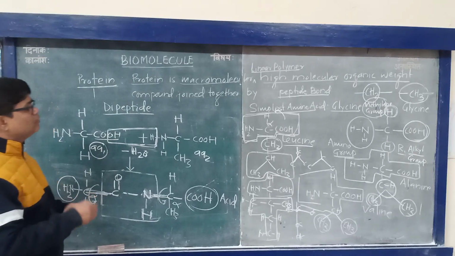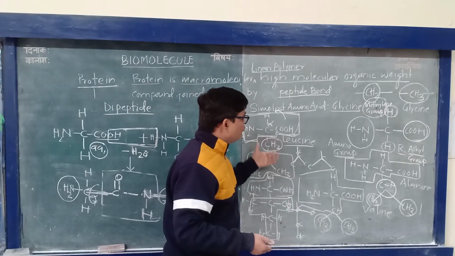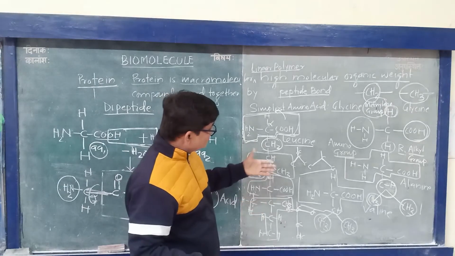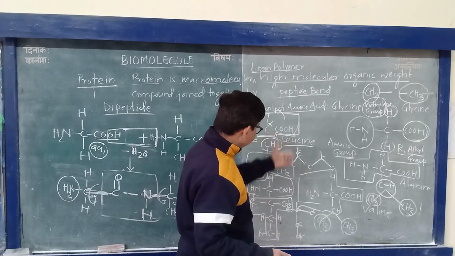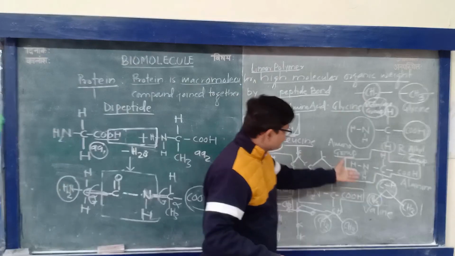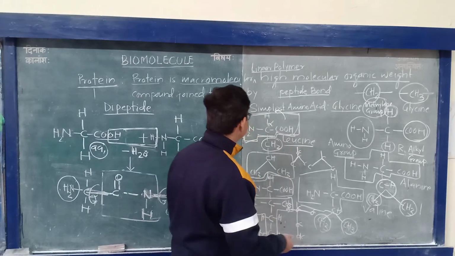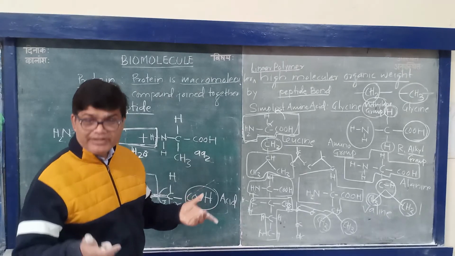Now try to understand: the simplest amino acid is glycine. The branched R group containing amino acids are valine, leucine, isoleucine. Then the sulfur containing amino acids are cysteine and methionine.